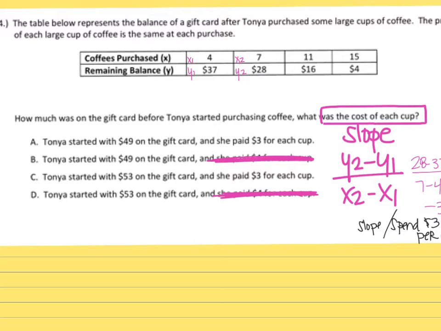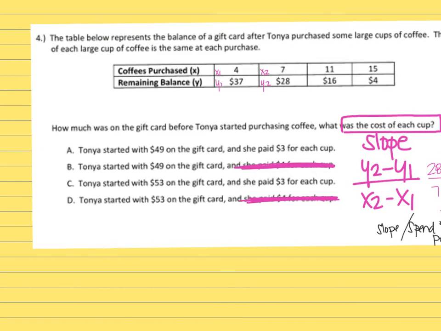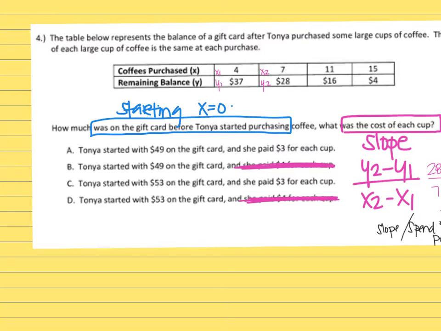Okay, the other thing that this question was asking for was how much was on the gift card originally, how much was on the gift card before she started purchasing. So this is your starting amount. And that means when x is 0, what is y?